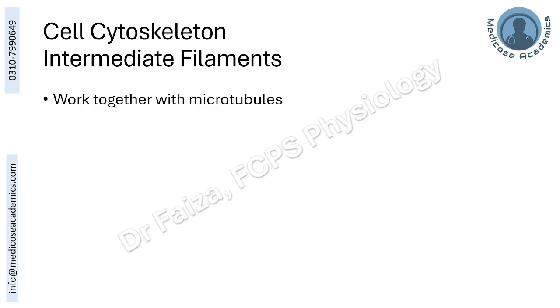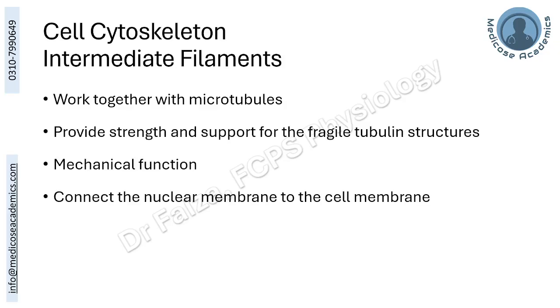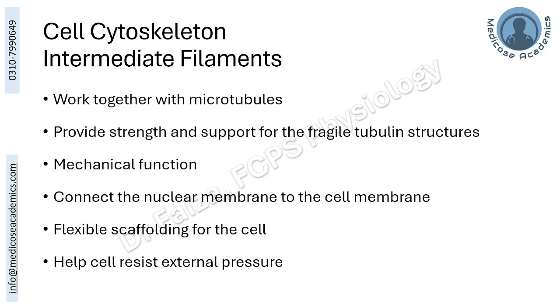These work together with microtubules to help molecular motors, and provide strength and support for the fragile tubulin structures. They have a mechanical function, connect the nuclear membrane to the cell membrane, and provide a flexible scaffold for the cell and help in resisting external pressure.